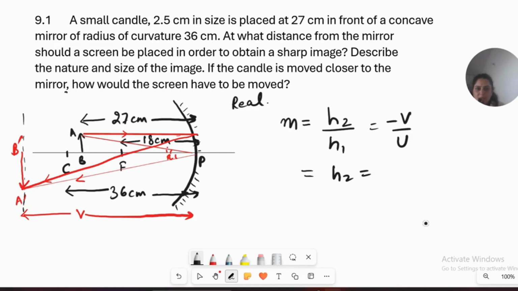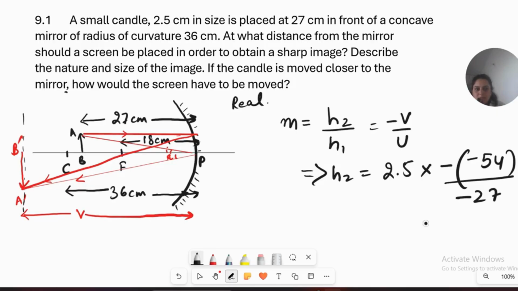So h2 will be equal to 0.5 into minus v. v was given as minus 54 and u was minus 27.